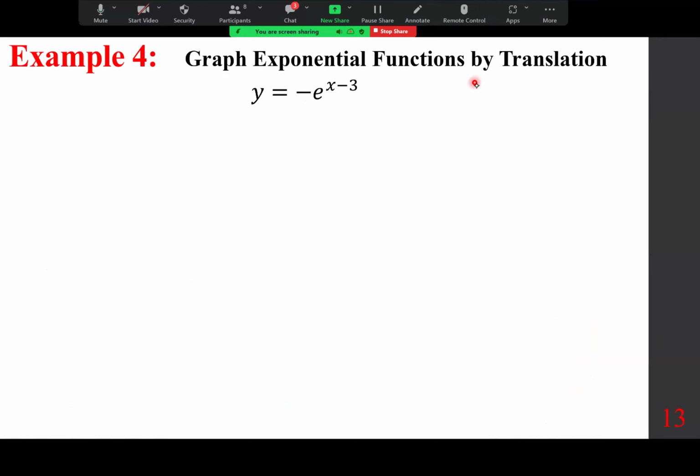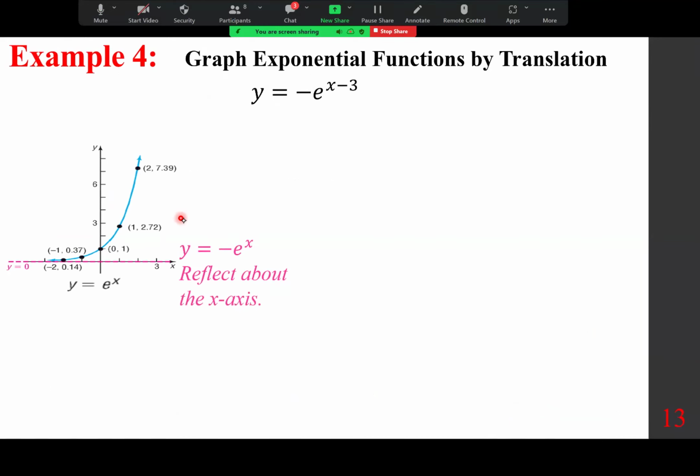Graph the exponential function by translation. So y equals e to the power of x, we know it looks similar to 2 to the power of x, 3 to the power of x. We go to minus e to the power of x, which is a reflection about the x-axis. So this one goes down like so.